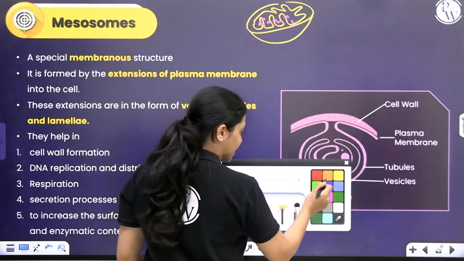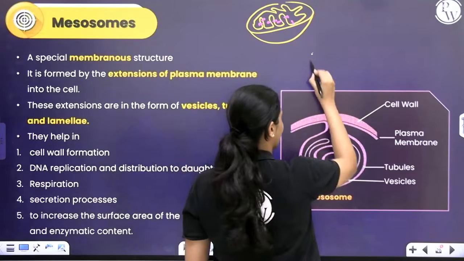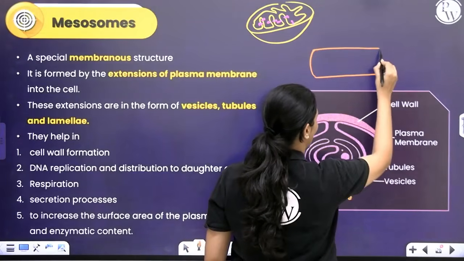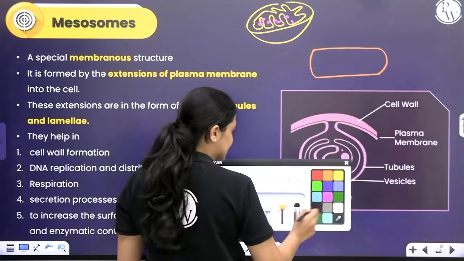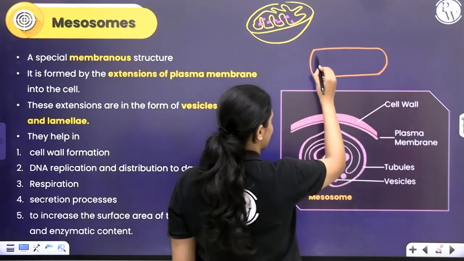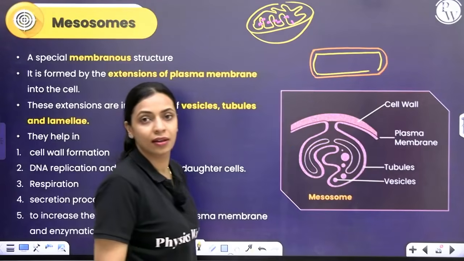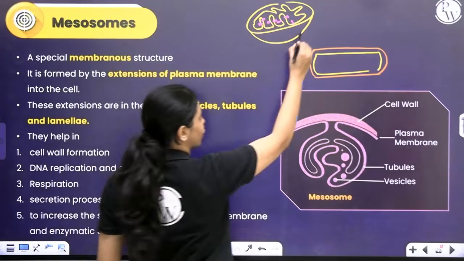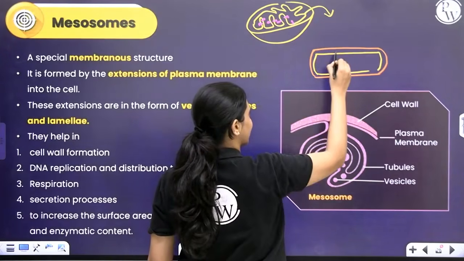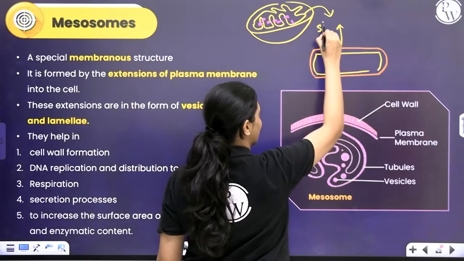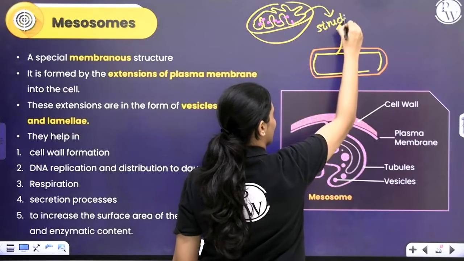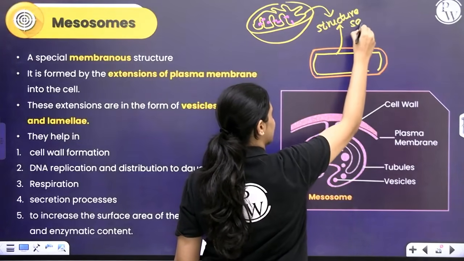Now, consider a bacterial cell that has an outer cell wall, and inside the cell wall, it has a cell membrane. The structure of this membrane here and this membrane is the same.